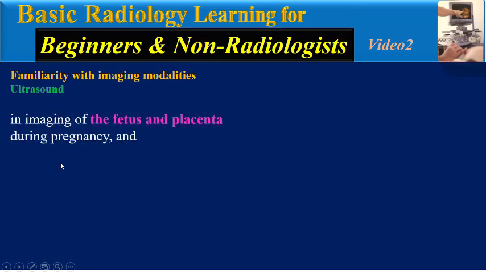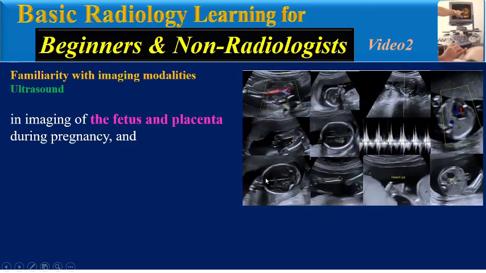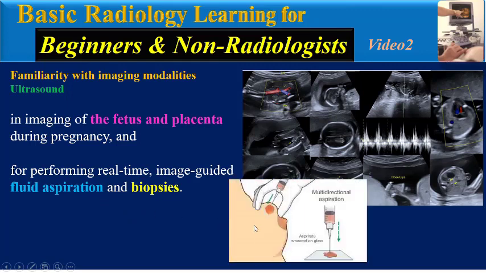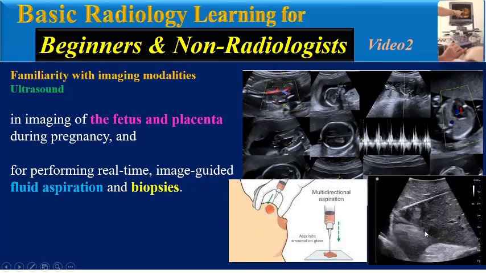Also, we can use ultrasound in imaging of the fetus and placenta during pregnancy, and for performing real-time image-guided fluid aspiration, as we can aspirate a cyst in the breast under ultrasound guidance, and biopsies, as we can see in this image, needle biopsy in a liver mass.